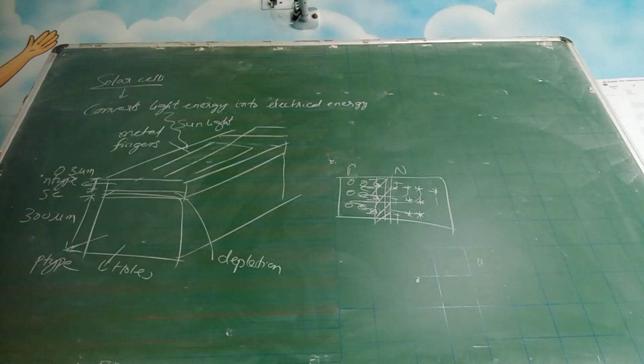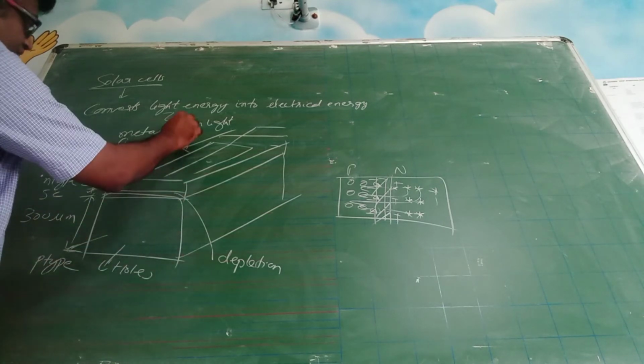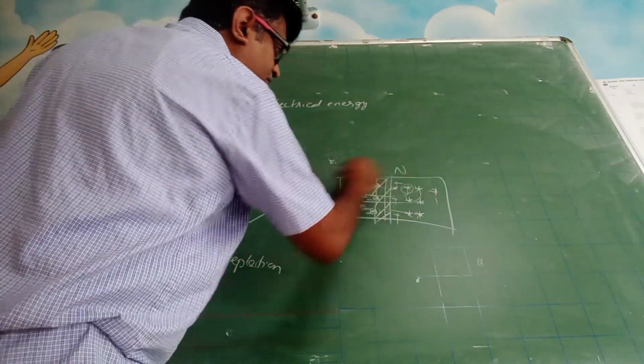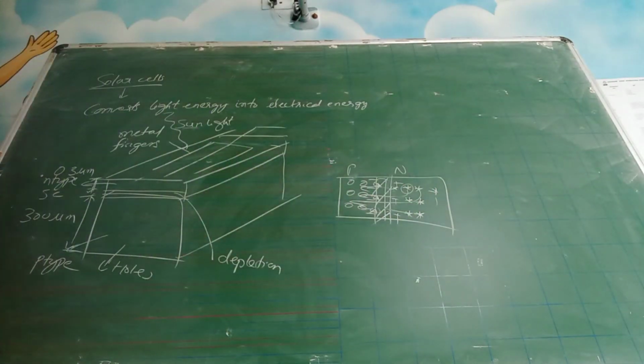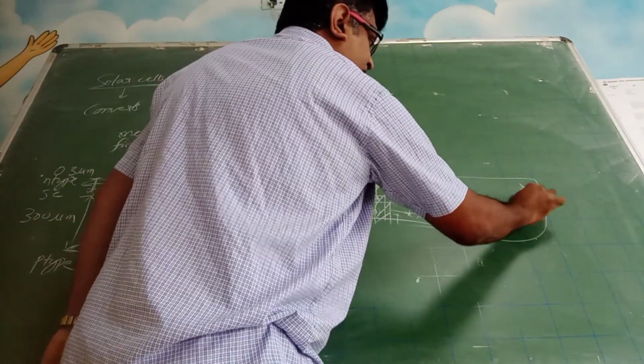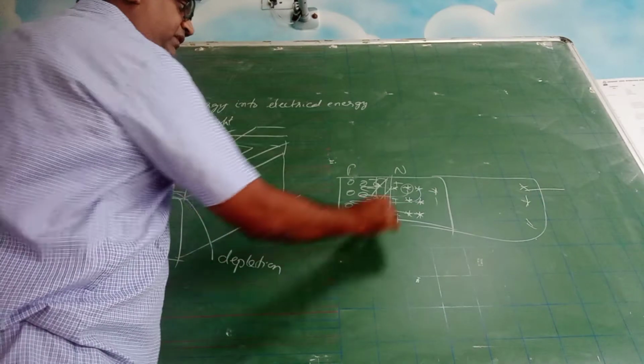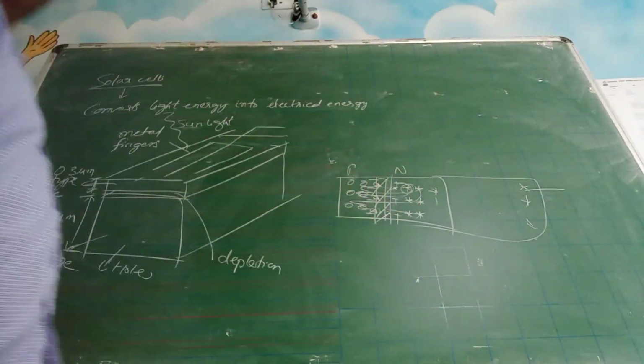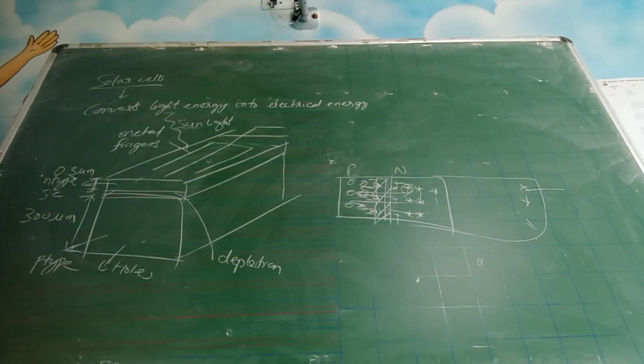The sunlight has to reach up to this electron. If you keep this thickness very large, the sunlight will be effective for this electron, but we want this electron to move towards the P-type. So that is the reason why this thickness is kept small.